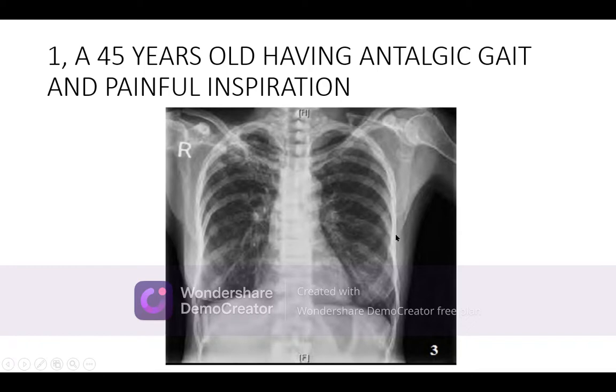And in the inferior angle of the scapulae, there is a linear line which is going up, this one.